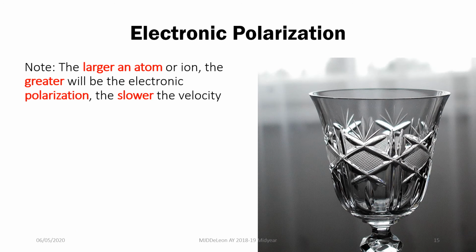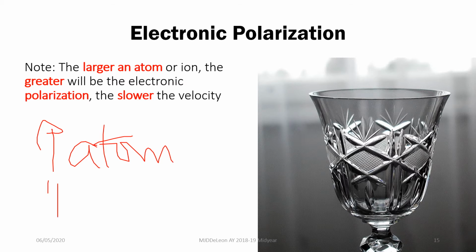In our materials, pag mas malaki yung size ng atoms or ions natin sa isang solid, the greater the electronic polarization in that atom or in that solid would be. This would mean that ang mangyayari is mas bababa yung velocity ng light natin, which would lead to an increase in the refractive index of your material.